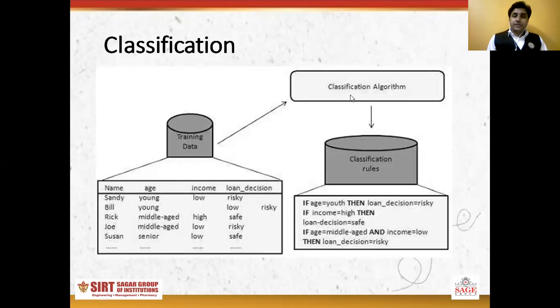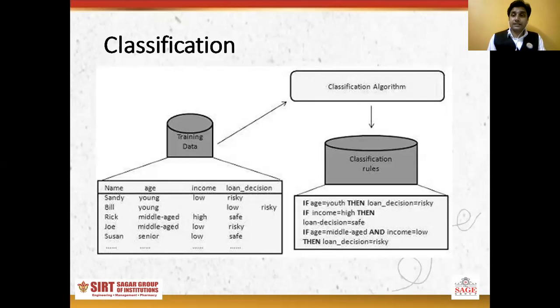So what is classification? Classification is the process which is used to classify the data on the basis of rules. Consider one example of a finance company which wants to provide loans to multiple customers, but they never allow all the customers a loan.